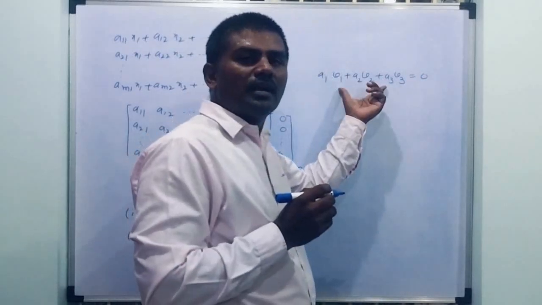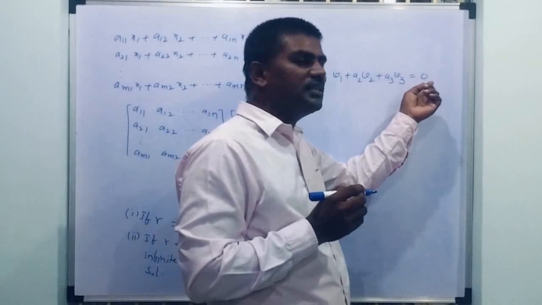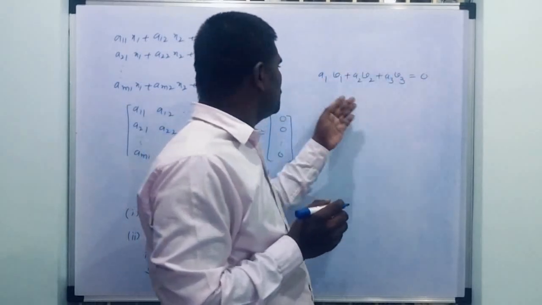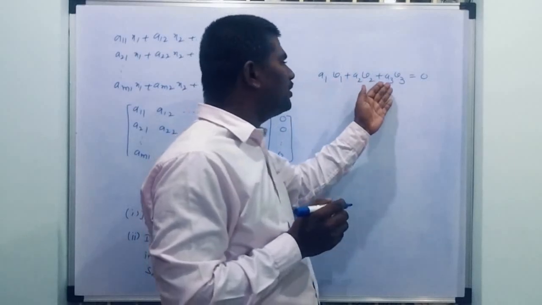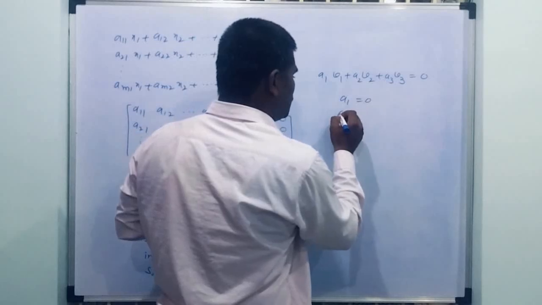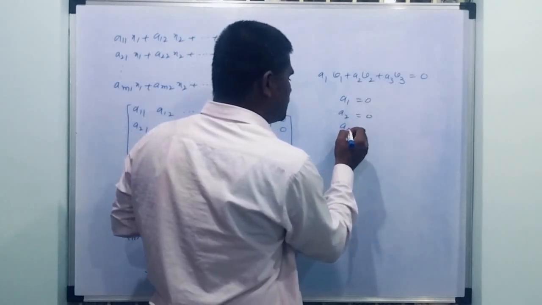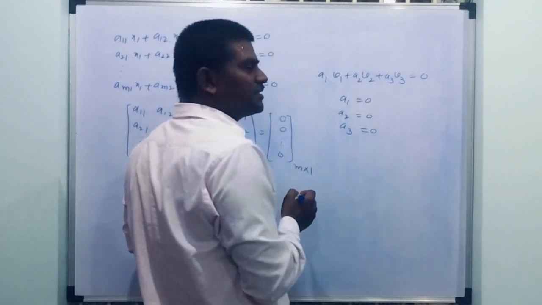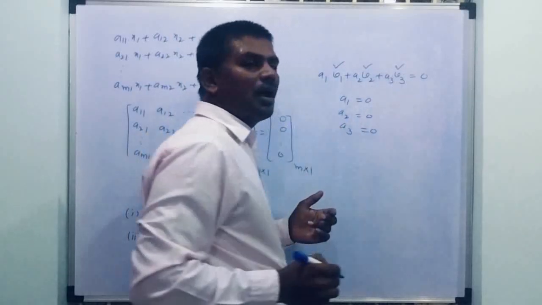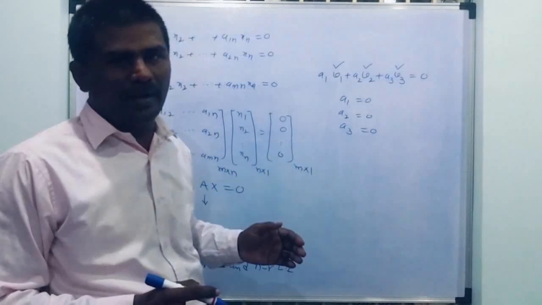This is called a linear combination. If upon solving you get a1, a2, a3 all as 0, that means a1 equal to 0, a2 equal to 0 and a3 equal to 0, you can say that these 3 vectors v1, v2, v3 are linearly independent.